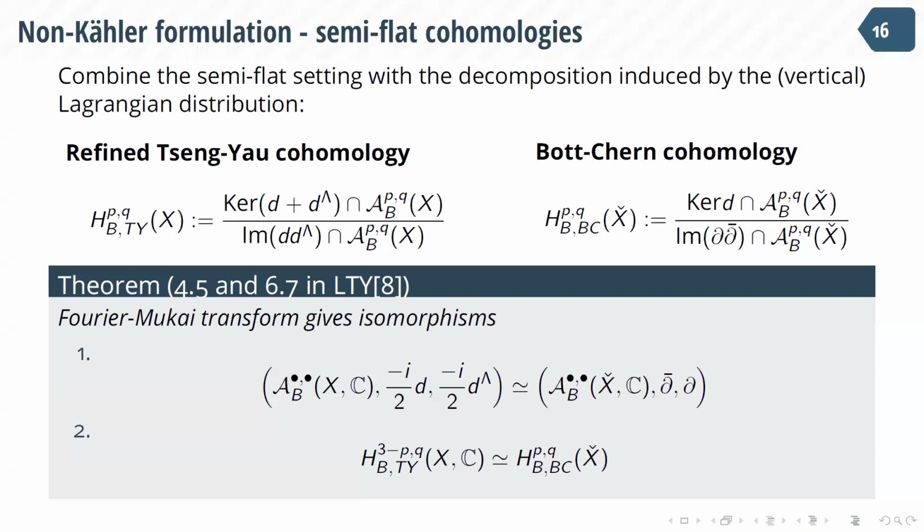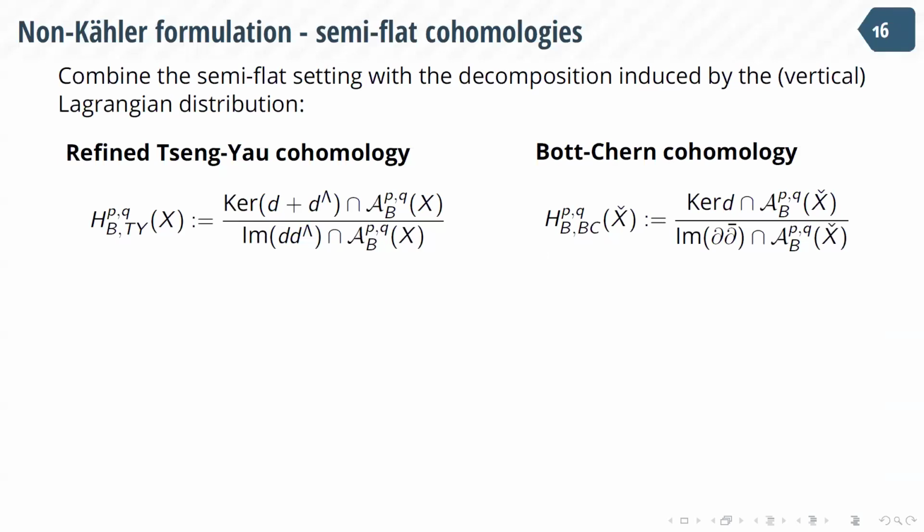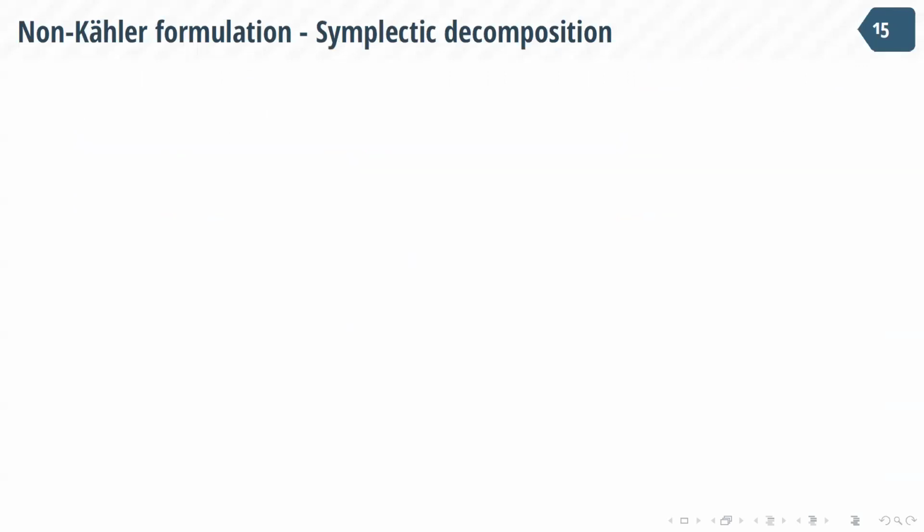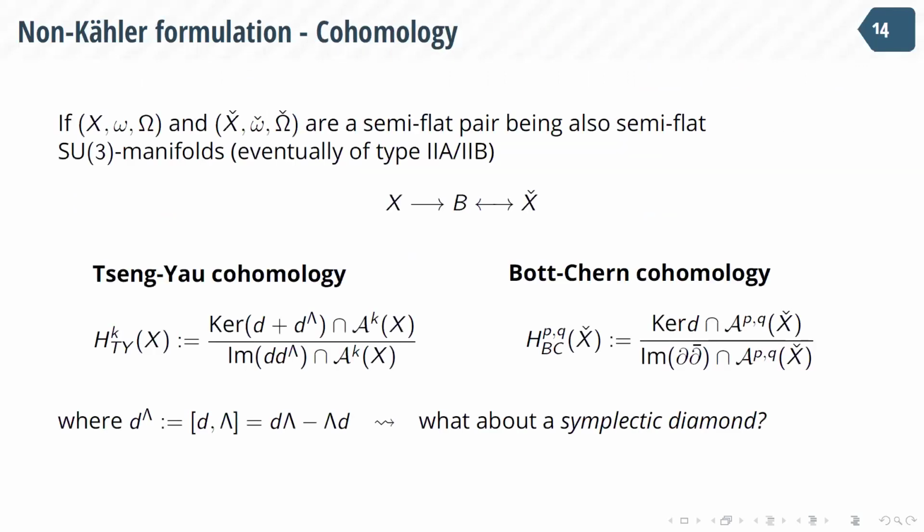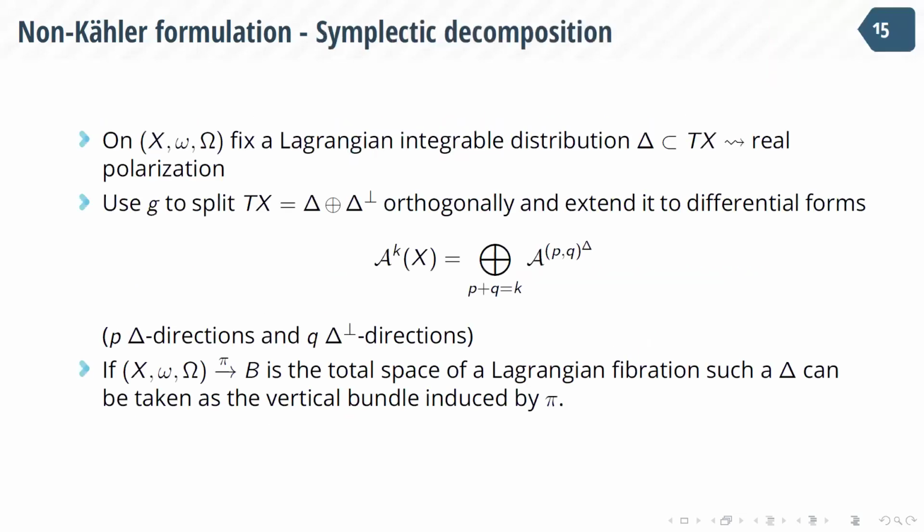We are assuming the semi-flat setting. We have a pair of manifolds X and X check that are endowed with a semi-flat SU3 structure.